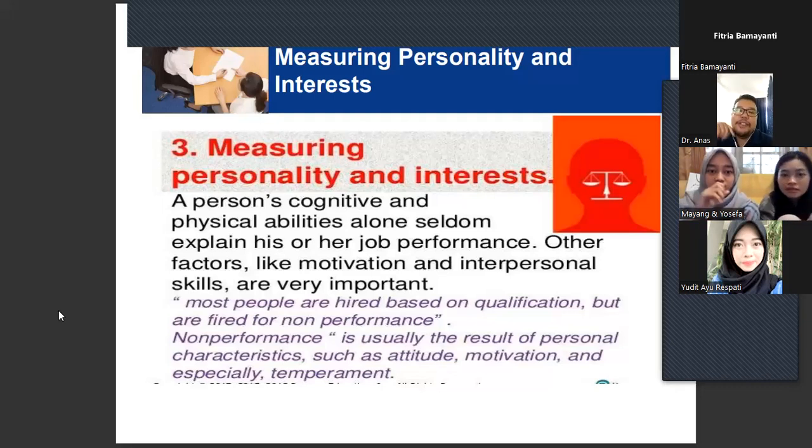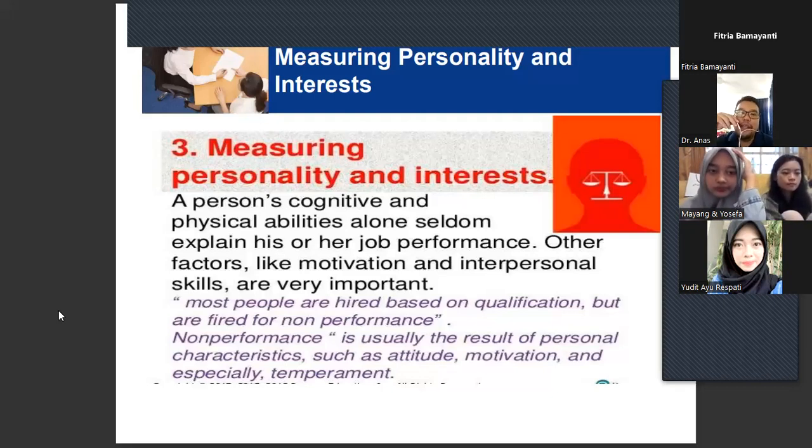Some organizations' interviewers will test you about your appearance. Contoh kalau misalnya cewek-cewek kalau di sana di interview mungkin perlu pakai lipstik, eyeshadow, maknanya your appearance. So these are related to your personality and interest.